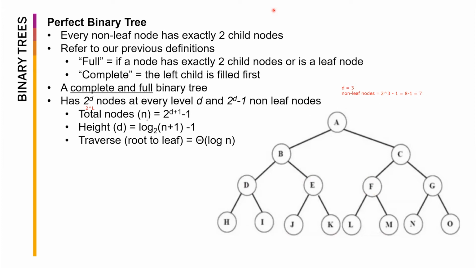So the total nodes would be 2 raised to D plus 1 minus 1. So where do you think this came from? Where did 2 raised to D plus 1 minus 1 come from?